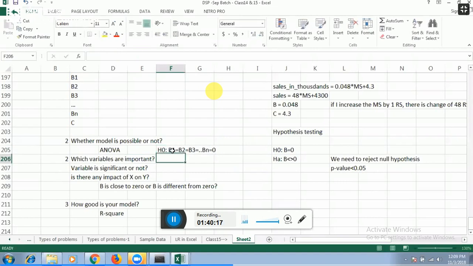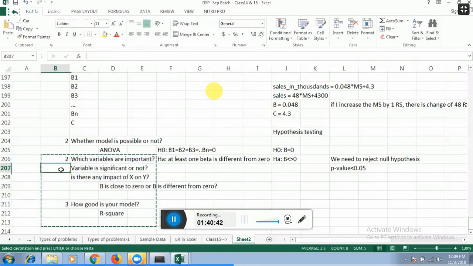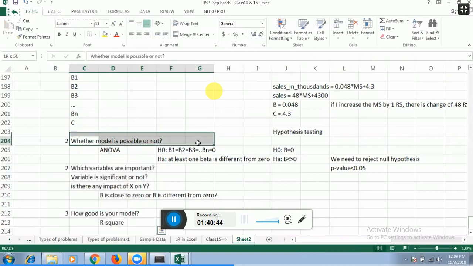What is the alternate hypothesis? At least one beta is different from 0. Why? Because if at least one variable is showing some kind of significant impact, that means before and after there is an improvement. Yes or no? Yeah, impact of X on Y, right? So that is what we need to look at. So this is the second important thing you will look at.